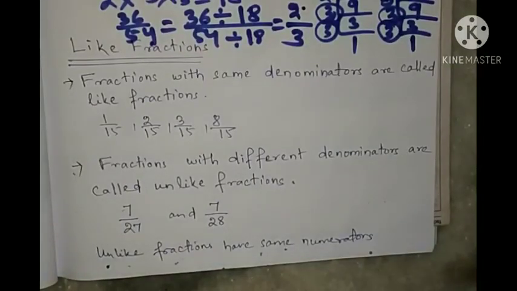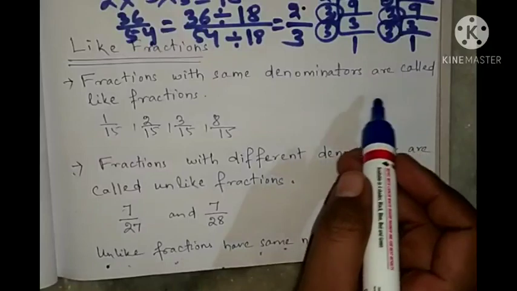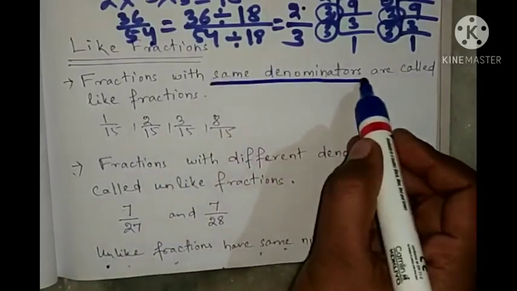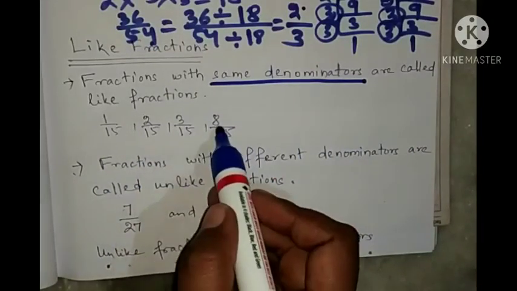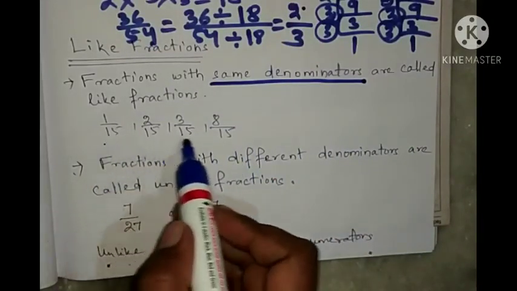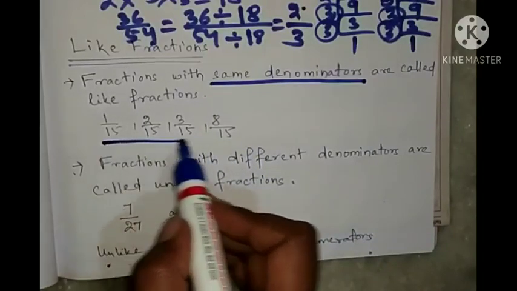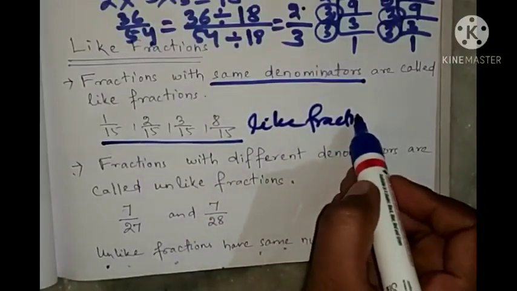Next is like fractions. What is a like fraction? Fractions with the same denominators are called like fractions. Look here: 1 by 15, 2 by 15, 3 by 15, 8 by 15. All these fractions have the same denominator 15, so they are like fractions.